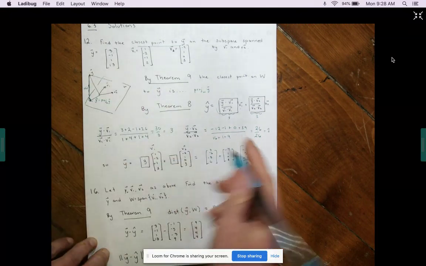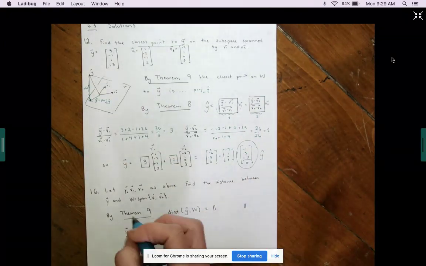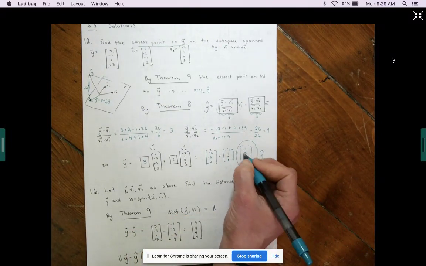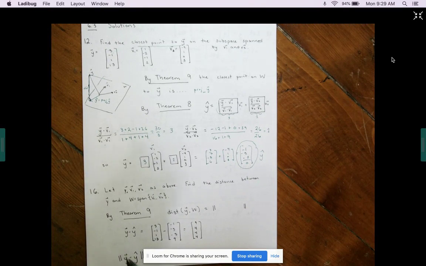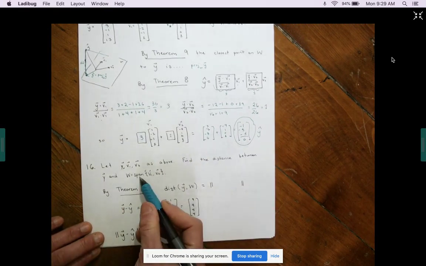So that's all for number 12. This is the orthogonal projection, which we denote by y with a hat on it.